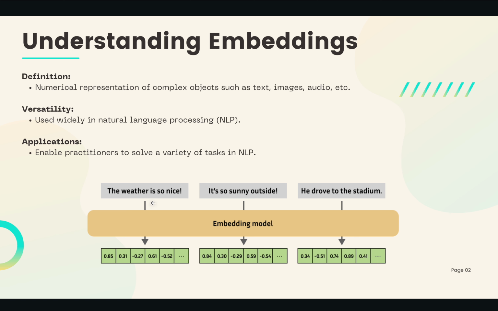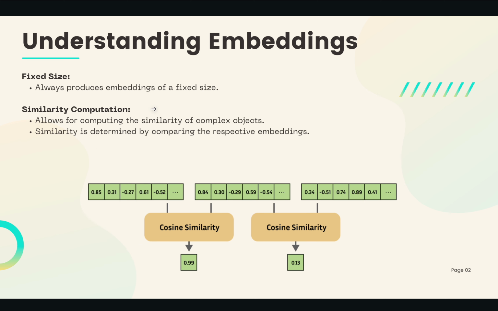So basically, we have different texts here. Every text has its own embedding, or its own vector representation. These embeddings are fixed in size, so we have a fixed dimension, and it allows for computing the similarity of complex objects.